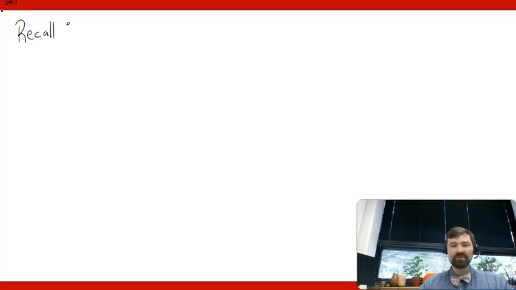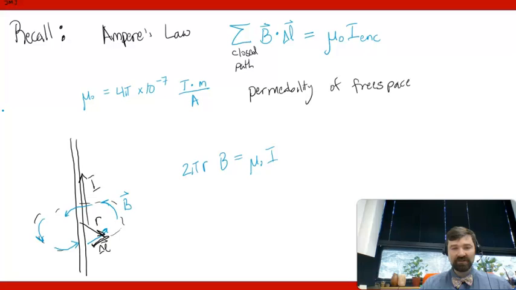Recall part 2, if you will, that the force on a current carrying conductor due to a magnetic field, we can call it FB if you'd like, is the current carried by that conductor times the cross product between the length vector and the magnetic field vector. F equals I L cross B. Okay, and so in this case the length vector is to be distinguished from the delta L vector that we used over here.